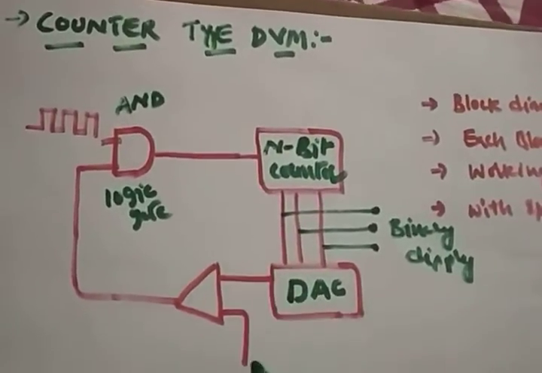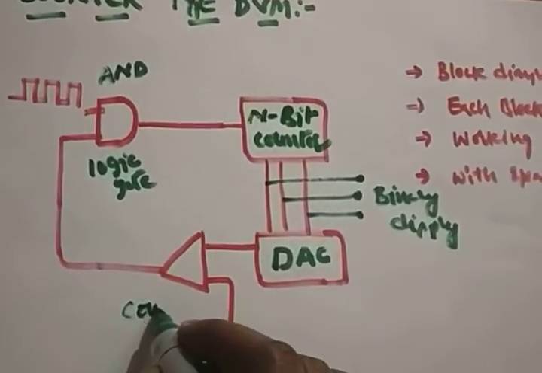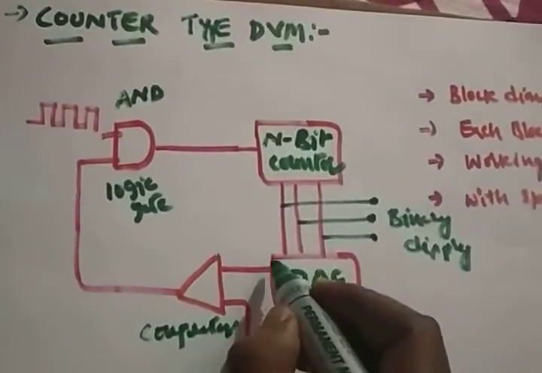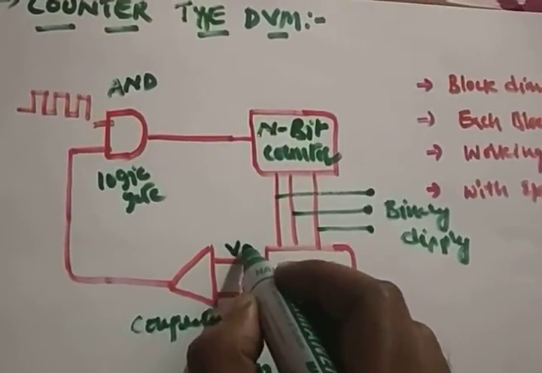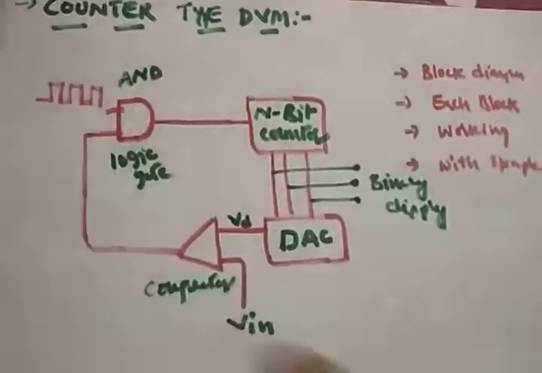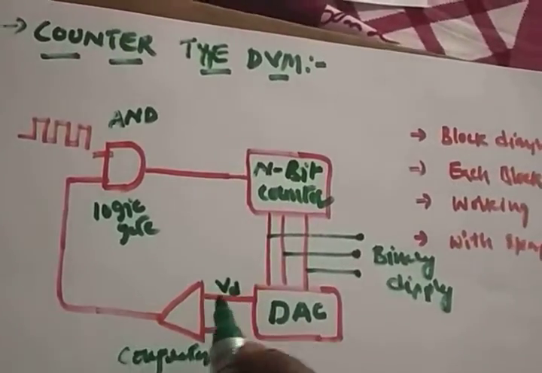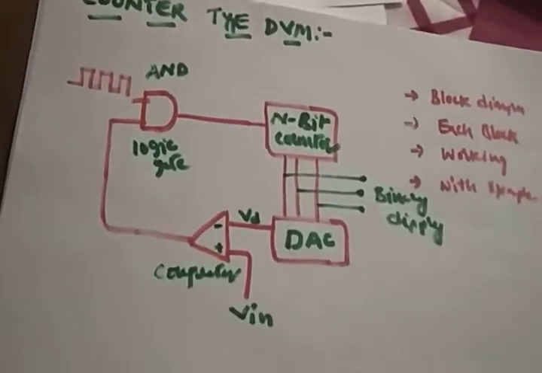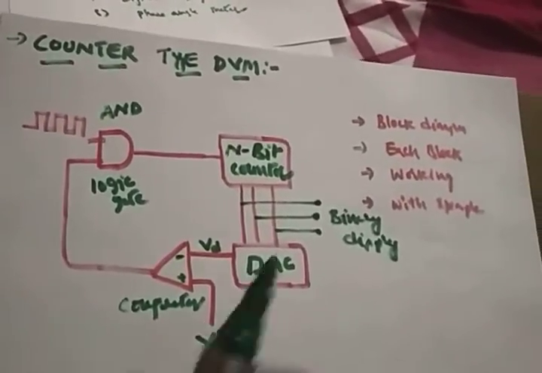This is a comparator, whatever input you apply here. Whatever the output of the counter, we call it D. So digital is converted to analog. This is a plus and this is a minus. Now I'll explain. This is the block diagram representation of a counter type DVM.